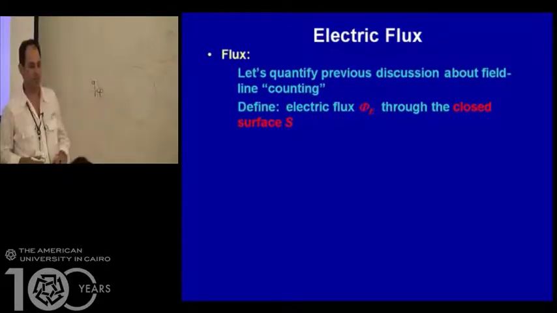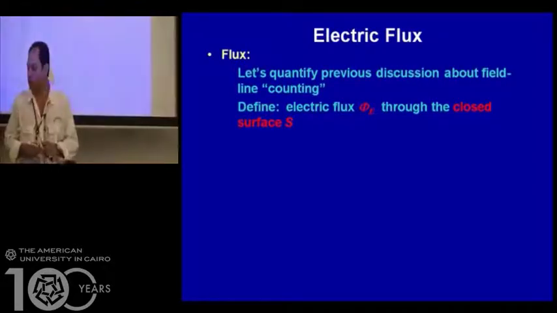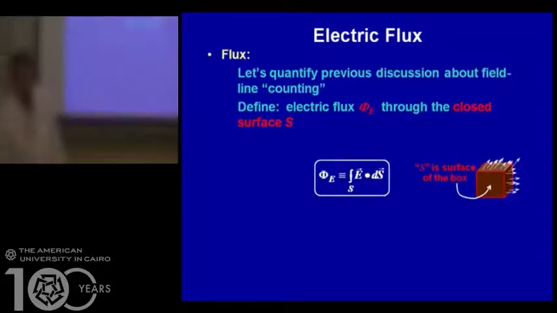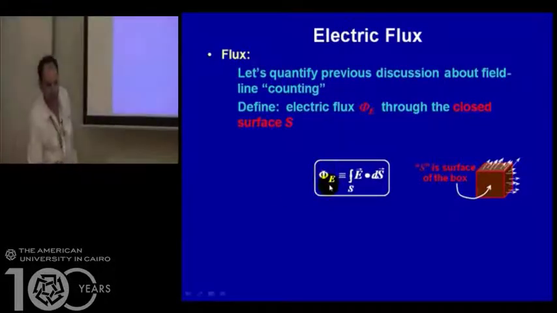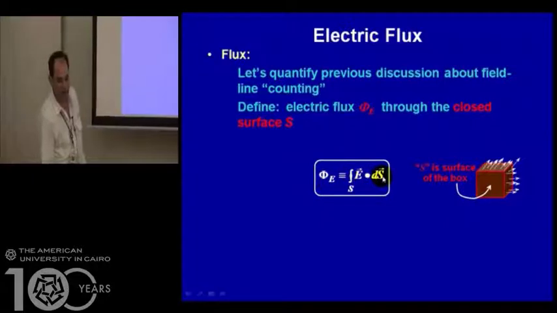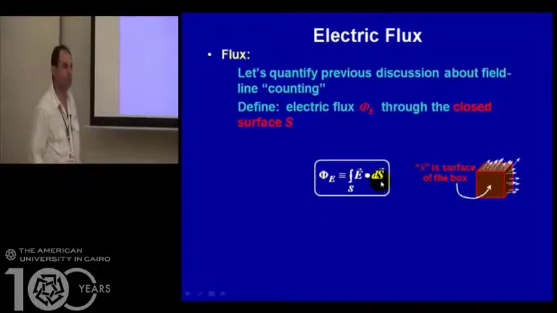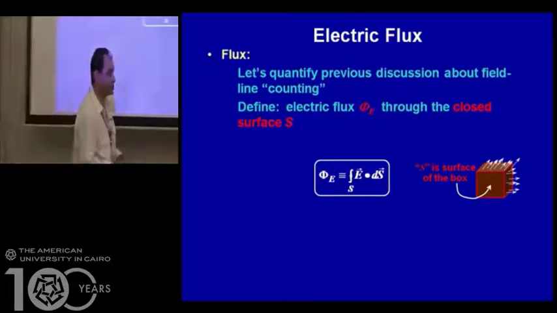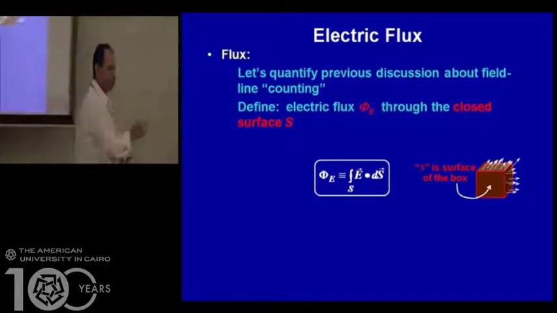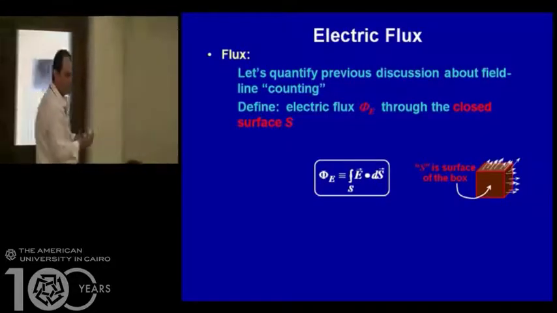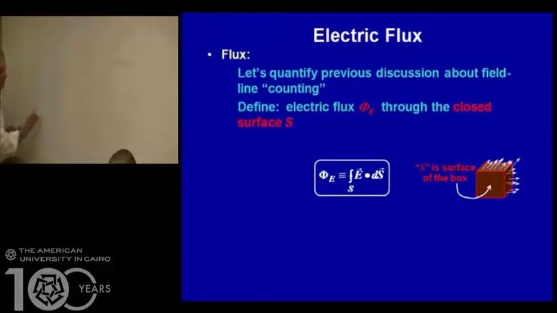That's easy. Flux is equal to the integration of E dot the area. I'll write it here for a minute. I'll say flux E, because later on we're going to have flux phi B, which is the magnetic flux.